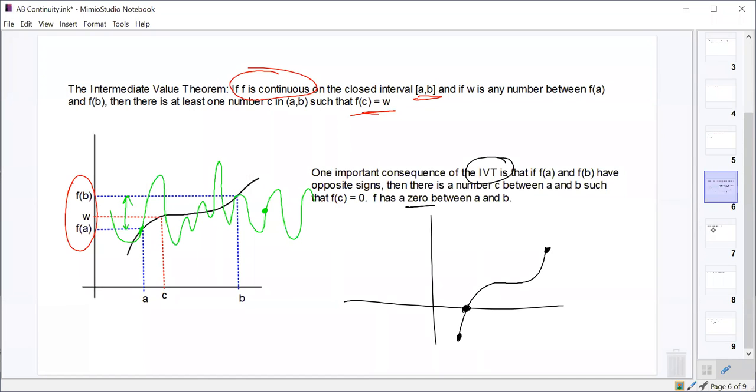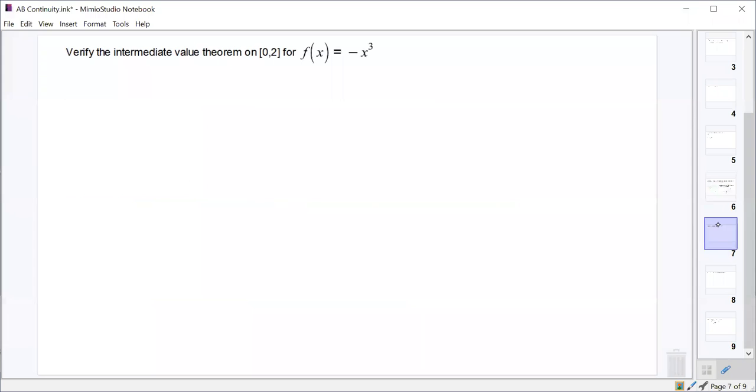Should be pretty straightforward. So we're going to start with verifying the intermediate value theorem on the closed interval 0 to 2 for the function f of x equals negative x cubed.